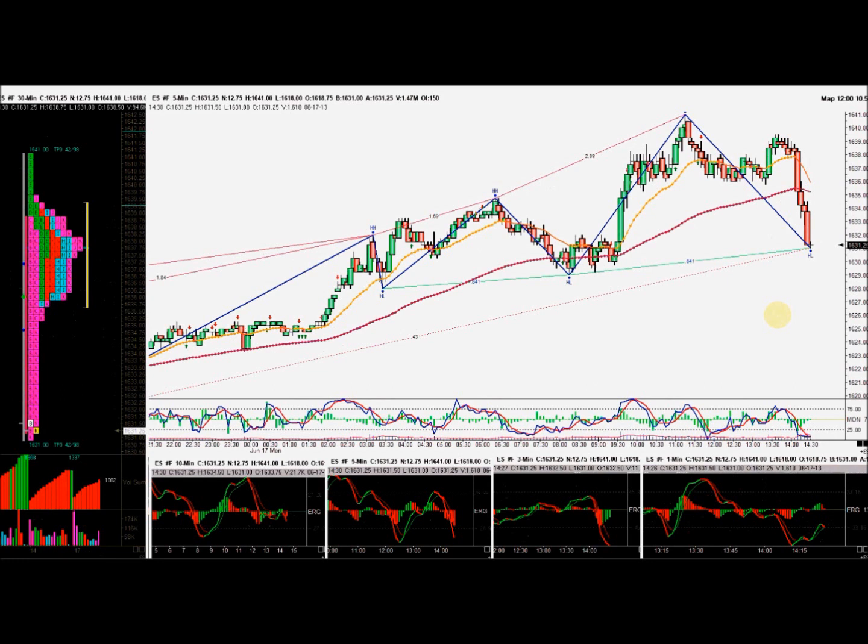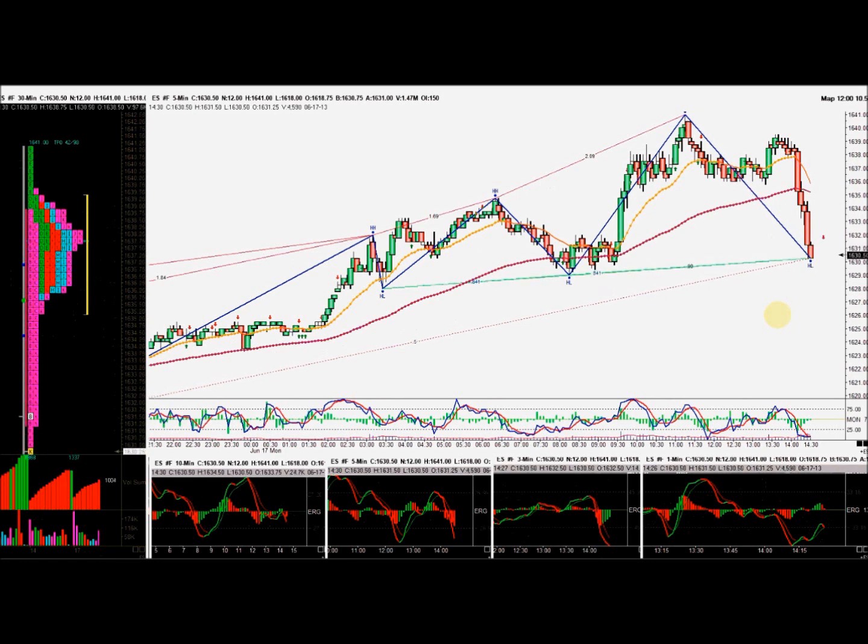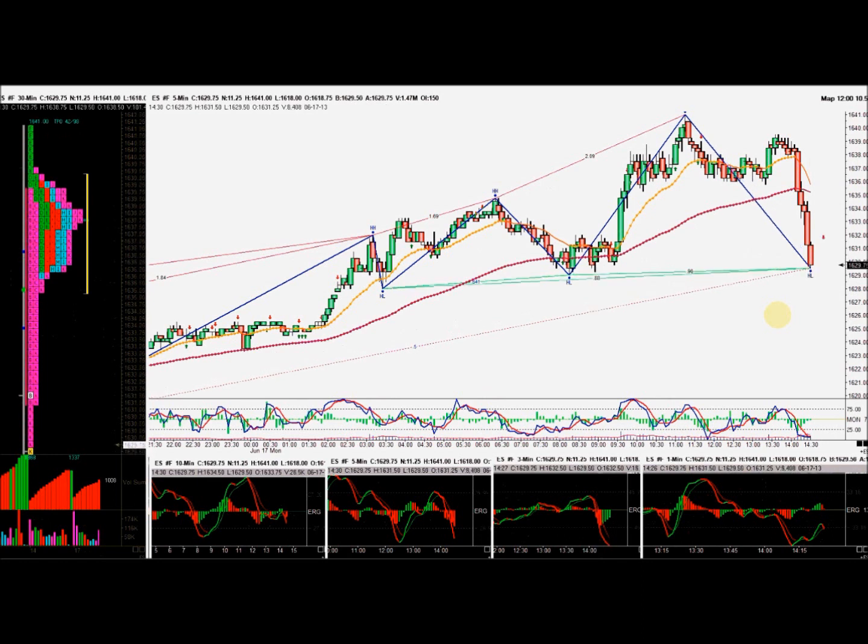We moved down past the area that was being tested. I've got a couple of funky things going on with my screen here. My pointer is acting funny. We had a little downward trend reversal arrow come in.